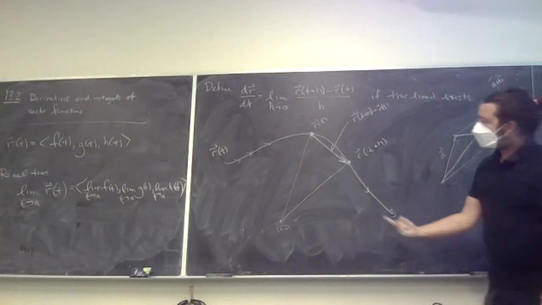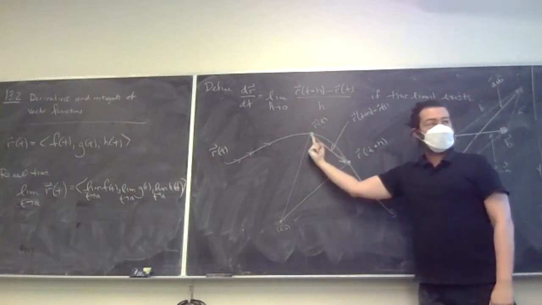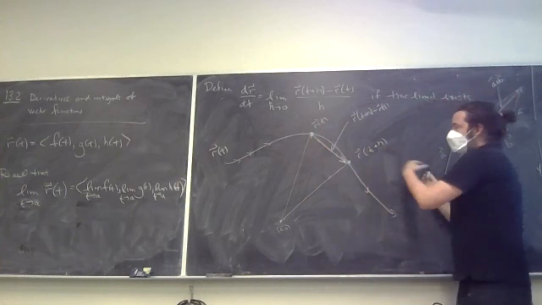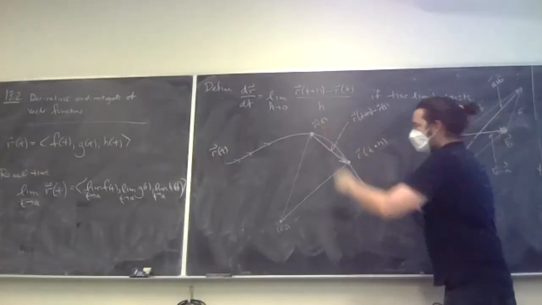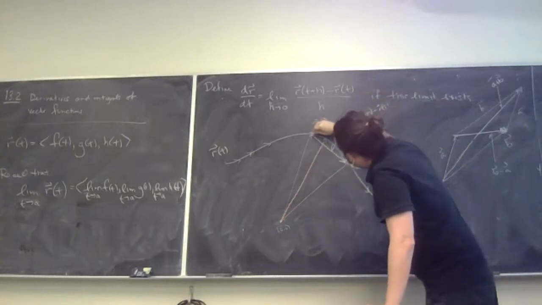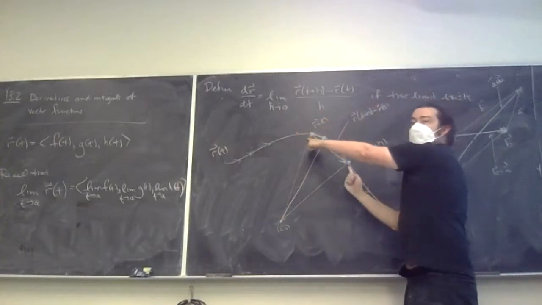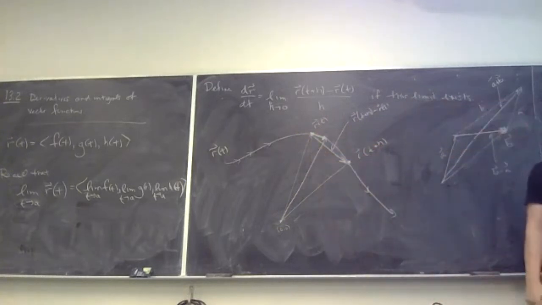What is going to happen to this vector as I slide that point closer and closer to this point? Let's say I take this h and let h go to 0, which means this point right here gets closer and closer up here. For example, this little vector is like an even closer version of that one. What does it look like is going to happen?